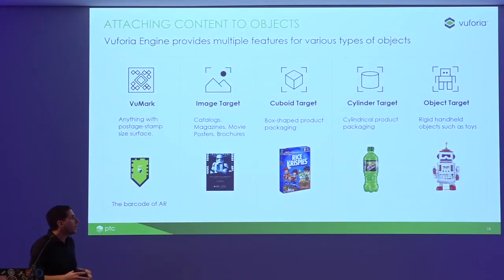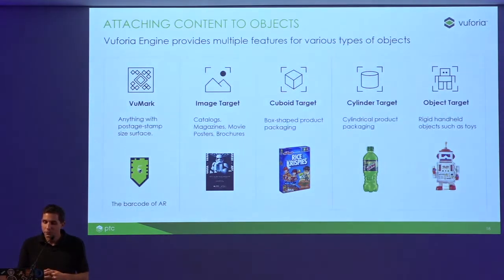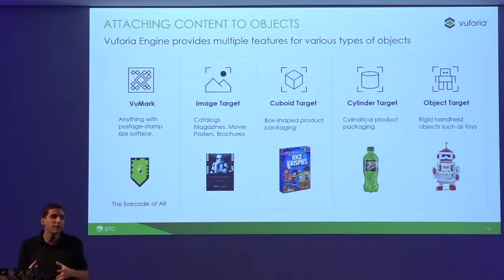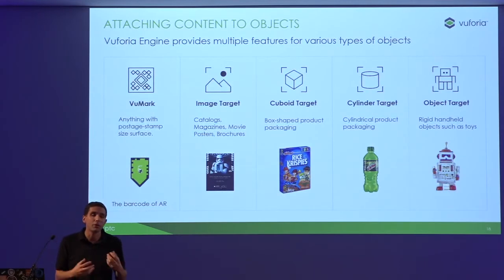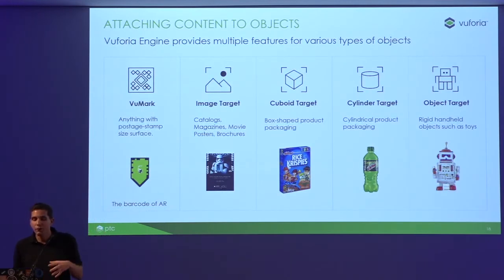Vuforia gives developers a lot of different ways of interacting with and augmenting objects. One really interesting way is something called a Viewmark. A Viewmark not only allows you to augment an object, but it allows you to uniquely identify that object down to the serial number. It's kind of like a barcode or a QR code for augmented reality.